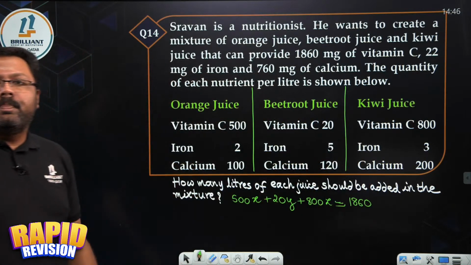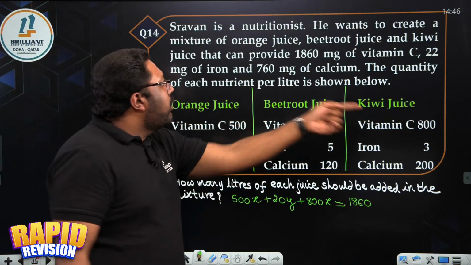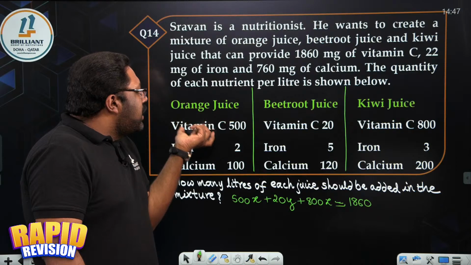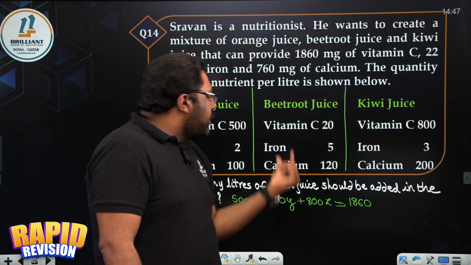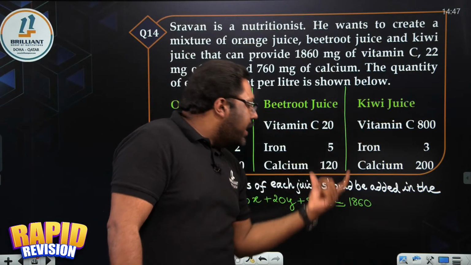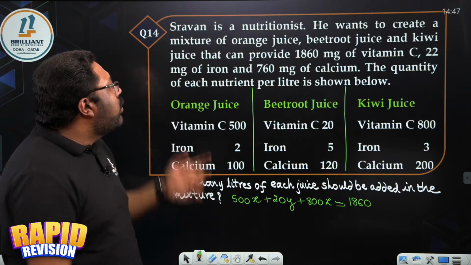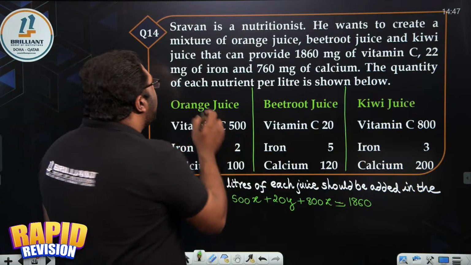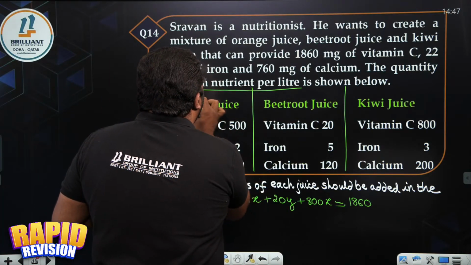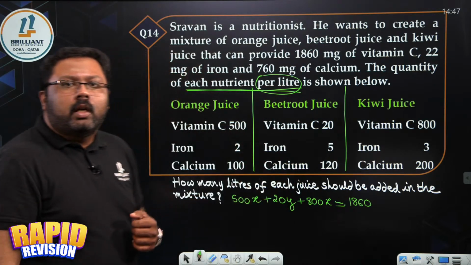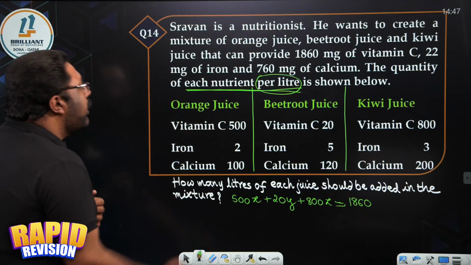Finished. Simple equation. Vitamin C combined should be 1860. So I'm taking vitamin C from orange juice, vitamin C from beetroot juice, and vitamin C from kiwi juice. I'm saying let x, y and z be the quantity of each juice in the mixture. Quantity of each juice, each per liter.